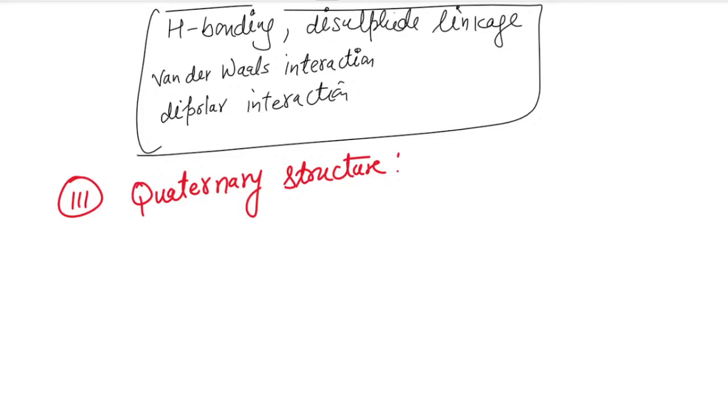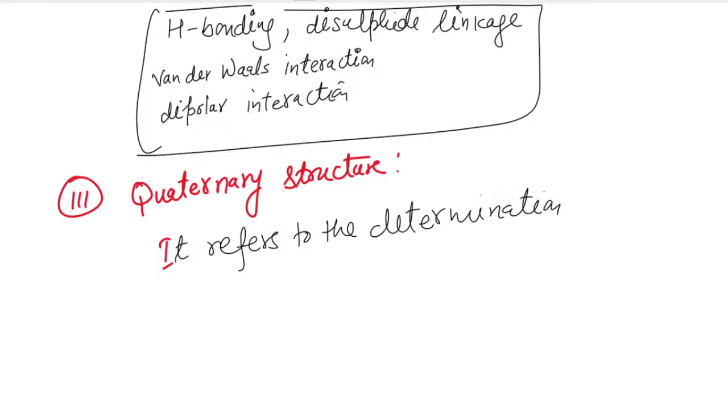So what does it tell? It refers to the determination of the number of subunits. What do you mean by subunits? The number of polypeptide chains in the given protein.